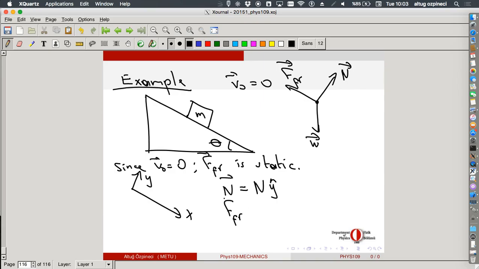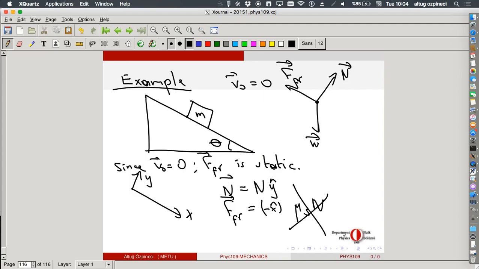The friction force is in the minus x direction. The magnitude? The constant times the normal force. Is this true? This is not true.